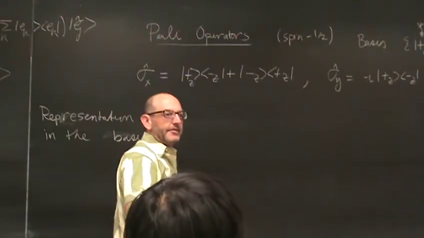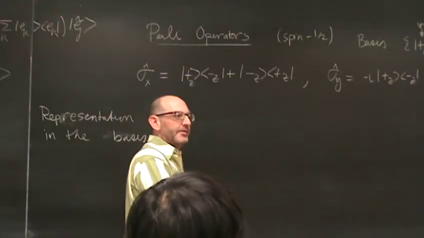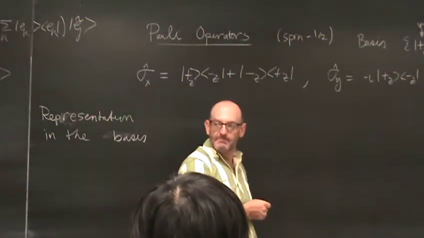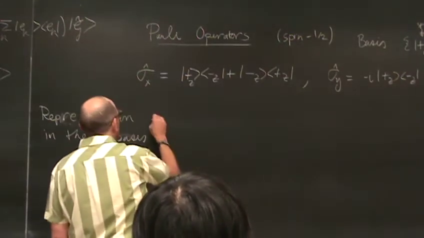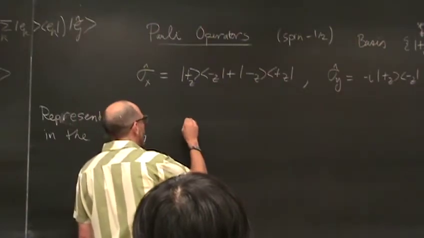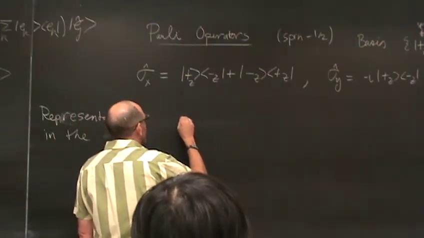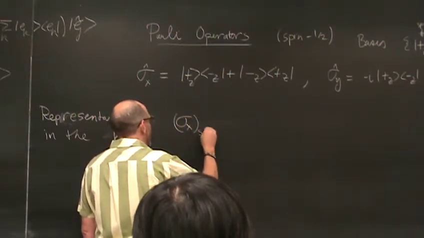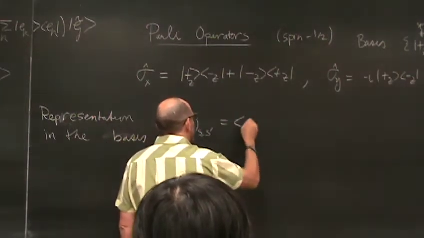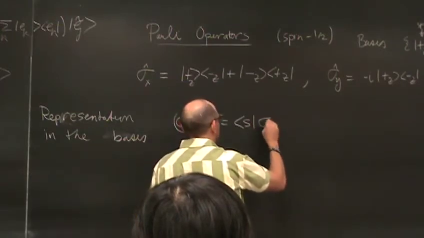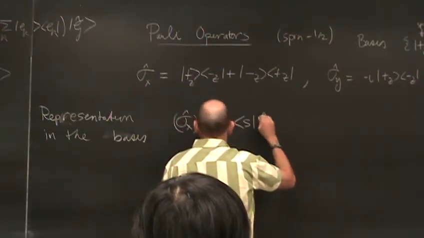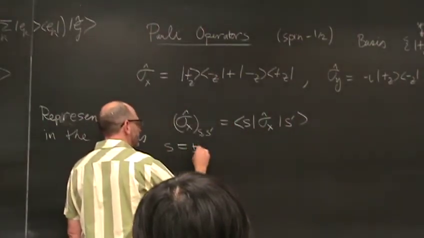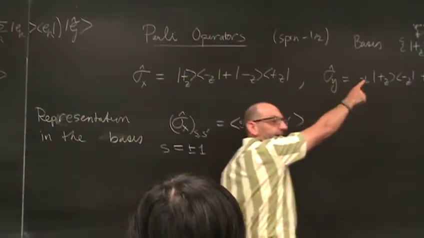So in that particular basis, we can write a matrix representation of these operators in this basis, right? So how do you do that? Just again to emphasize, sigma x between S and S prime, where S is plus or minus 1, along with one of these guys.